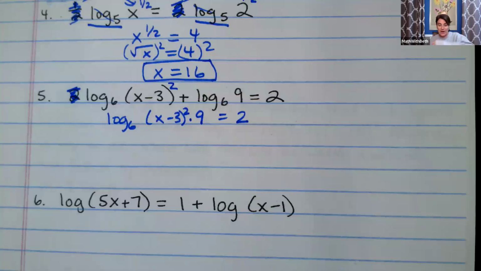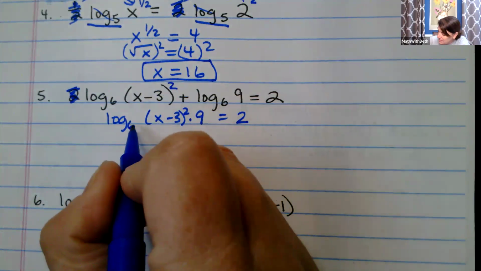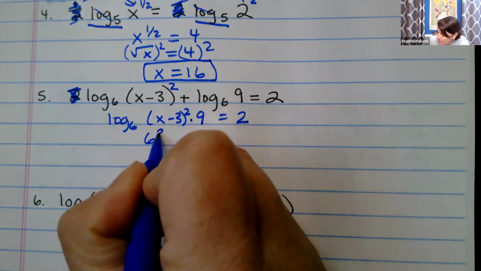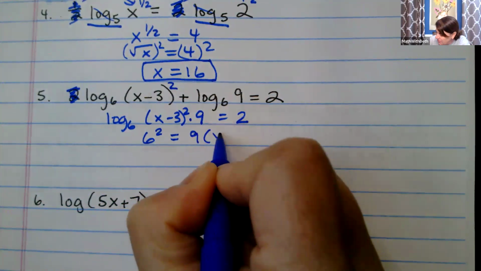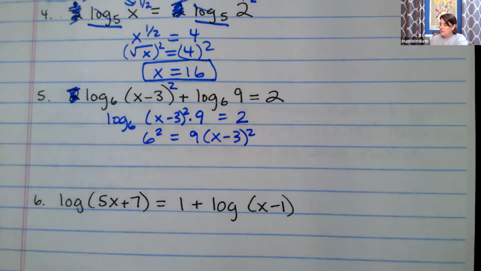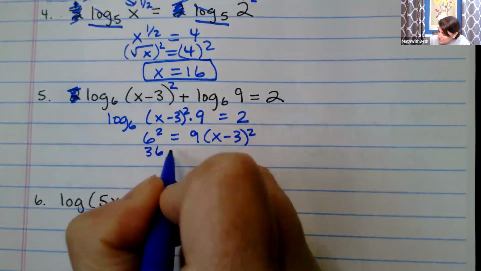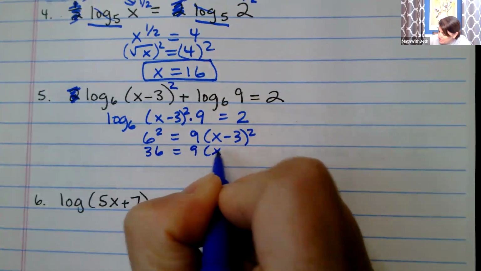So I can rewrite it as 6 to the second power equaling all of this. I'm going to go ahead and put that 9 in front because it looks funny the way it was written. So basically 36 equals all of this.